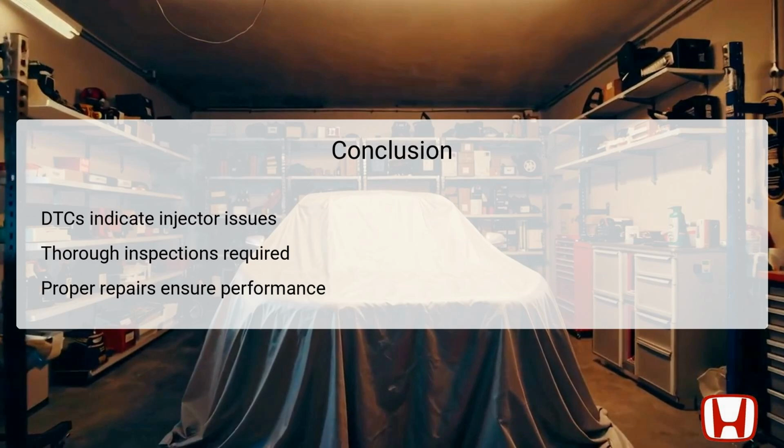Regular inspections and timely repairs are essential to maintaining vehicle performance and reliability. Effectively addressing these codes through a series of methodical steps can prevent further engine complications and ensure optimal fuel efficiency. Overall, systematic diagnostics contribute greatly to the longevity and performance of the vehicle, safeguarding driver and passenger interests.